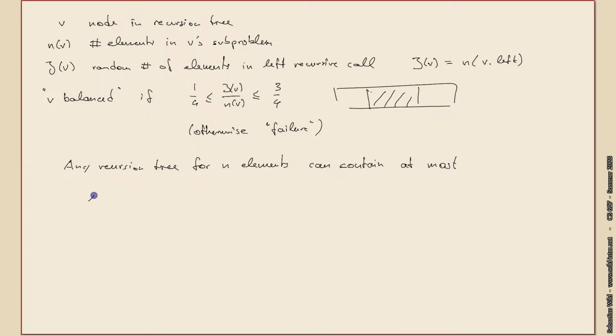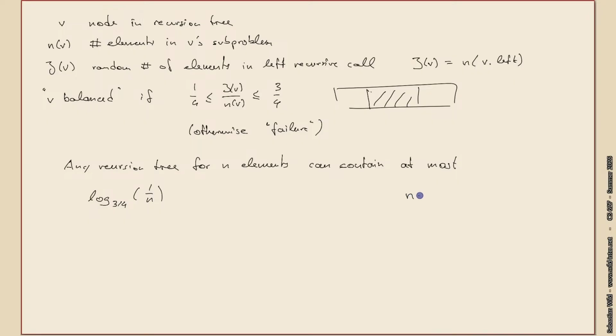The idea is if you have a balanced node, you lose at least 1/4 of the elements, and you continue with 3/4. So the question is, how often do you have to multiply n by 3/4?